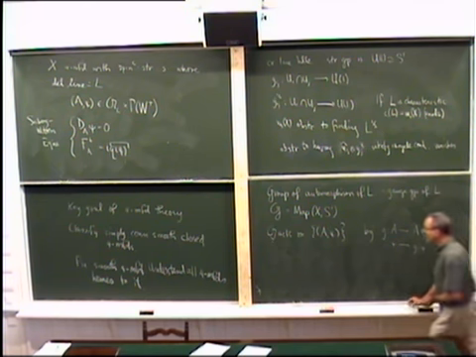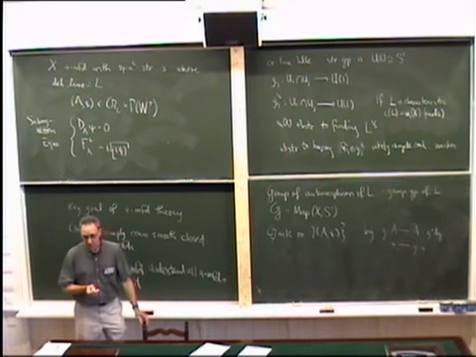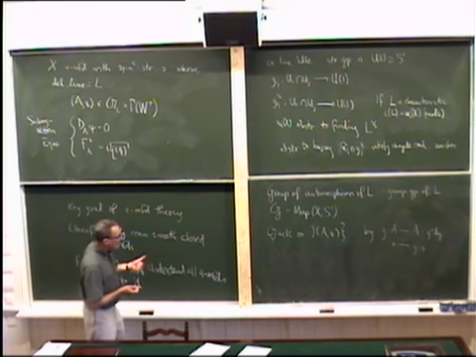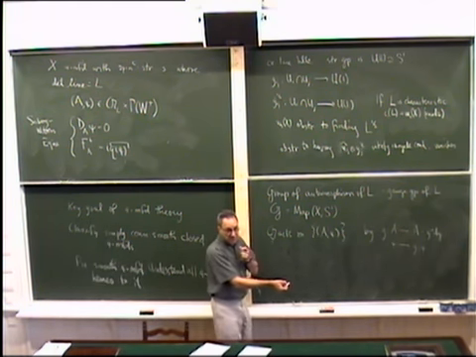And the key fact here is that this preserves solutions of the Seiberg-Witten equation. So if you have a solution of the Seiberg-Witten equations, G may take it to something else, but it's still a solution.